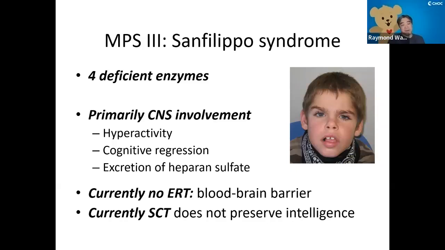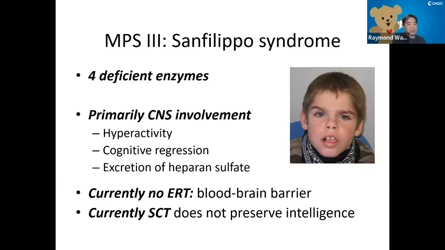It's pretty early right now, so I think there should be some publications upcoming on the efficacy of early treatment. So my stance on ERT, specifically for somatic manifestations of MPS 1, is as early as possible. Is it ever too late? Well, better late than never.